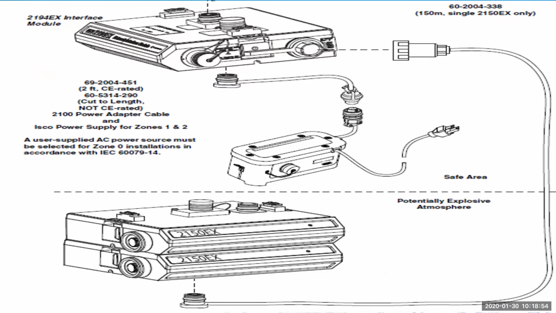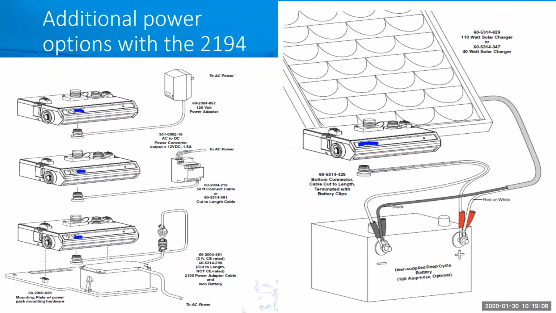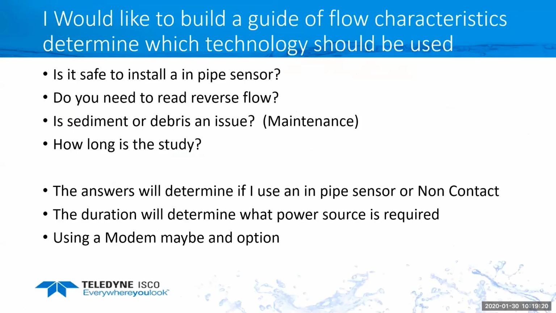The main thing is the 2150EX is in the hazardous area. We have a network cable that goes over to essentially the network isolator, which is our 2194EX barrier. And with that, then we can power it with the AC to DC power pack, solar panels, or batteries. So as long as we're in the safe area, we can use all the traditional options for powering the equipment.